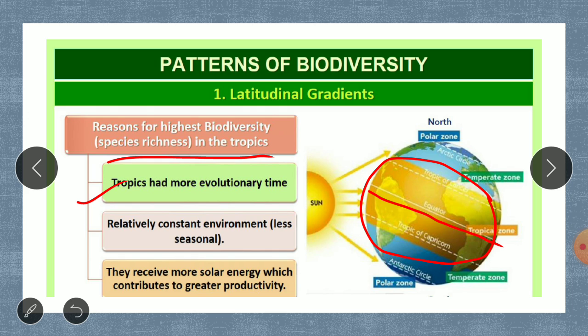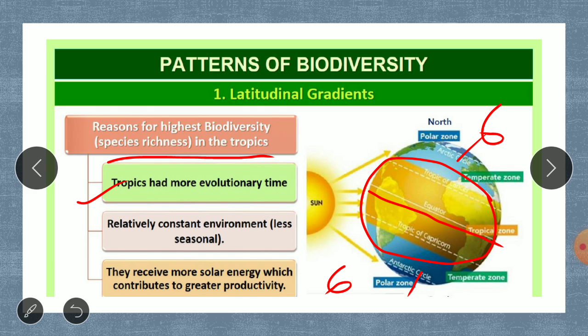What is happening here? When we are talking about the North Pole and the South Pole, due to the rotation of the Earth around the Sun and also around its axis, the North Pole and the South Pole are going to be having 6 months of day and 6 months of night.